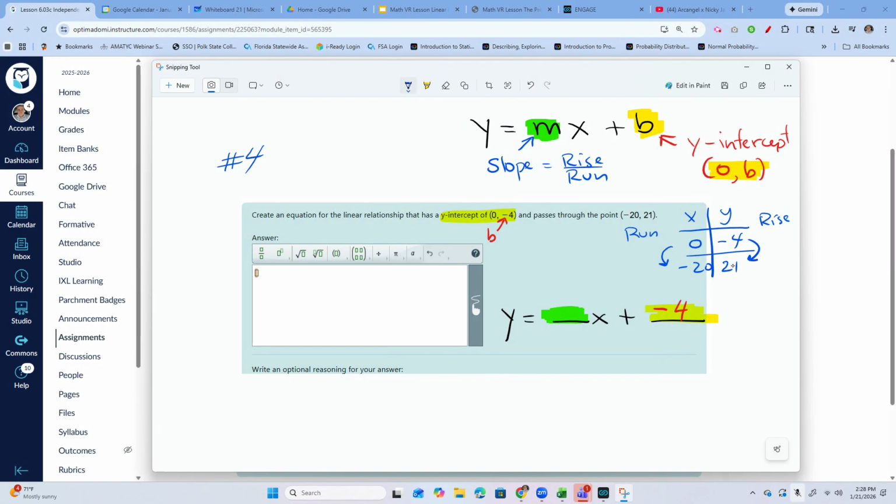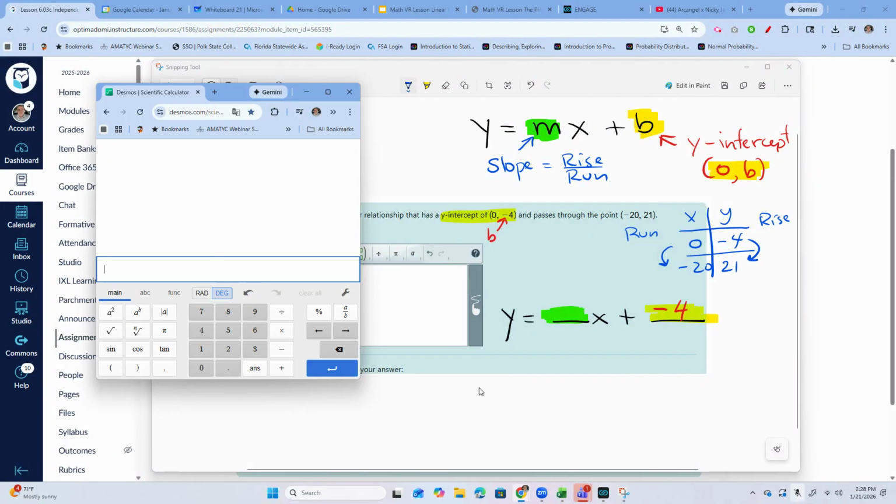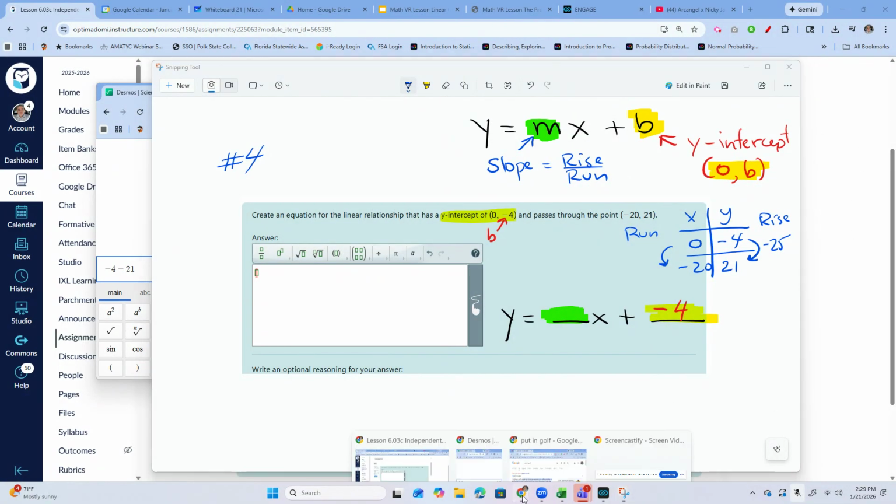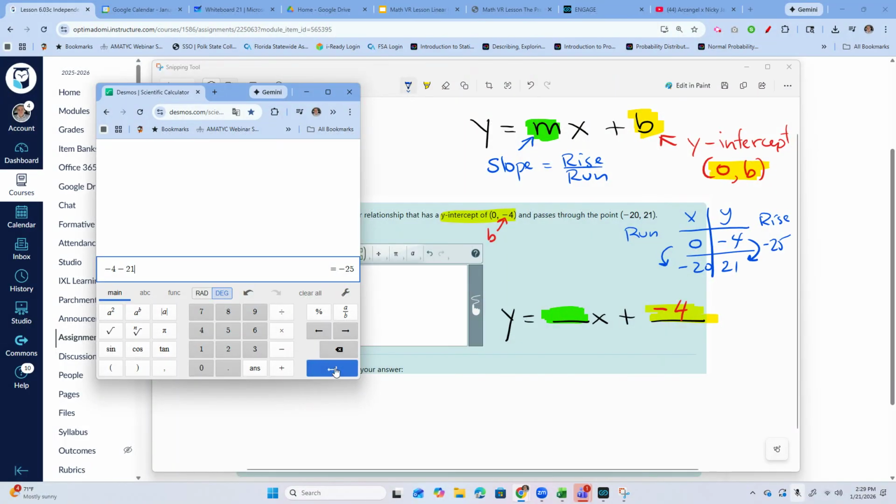Okay? You can use a calculator. That's what I'm going to do right now. Here is my calculator. I'm going to subtract the y's, -4 subtract 21. And you can see I got -25. That's my rise. And the run is going to be 0 minus -20.